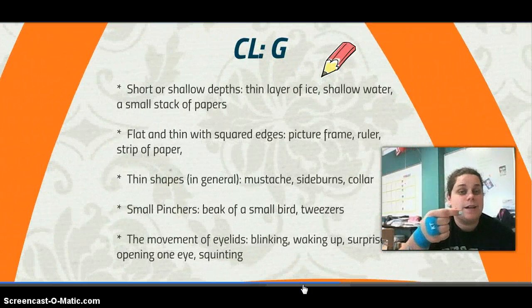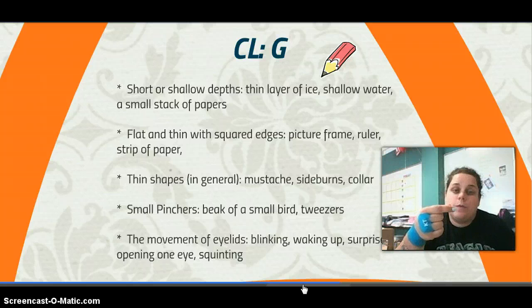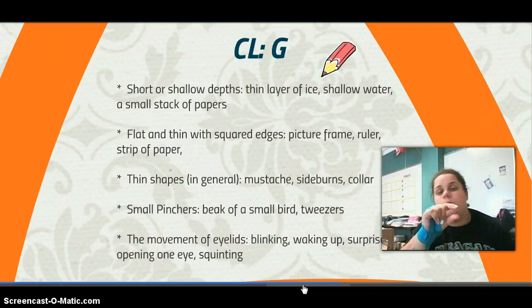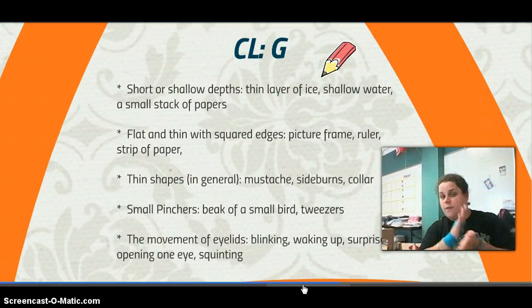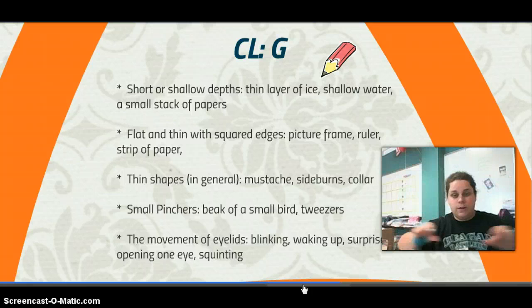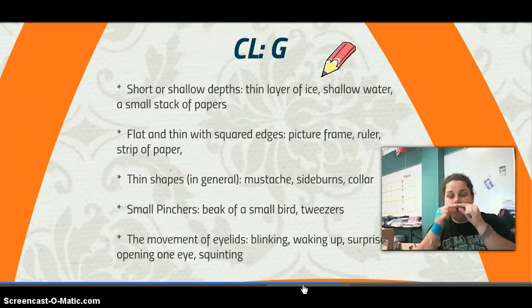CLG, I know when we sign G, we turn it this way. To use it like this, we're going to tip it on its side, and it can show something shallow, like shallow water or a thin layer of ice. You could have papers. It could be something flat and thin with squared edges, a picture frame, rulers. It could be any thin shape, like a mustache or sideburns or a collar.